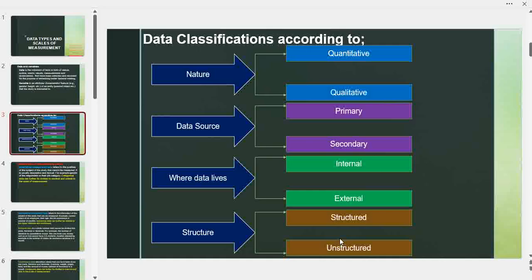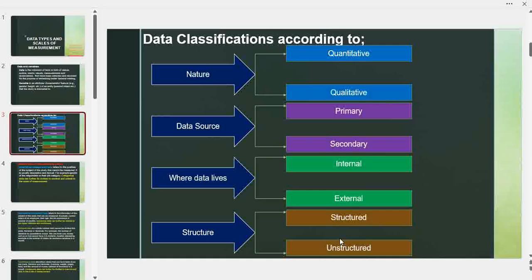Let's go to classification of data according to data sources. We have primary data and secondary data, mostly. The primary data is the data that is collected for this specific project. Secondary data is the data that have been collected for other projects. It can be within this organization or outside of this organization, and now we are using it for a different purpose.